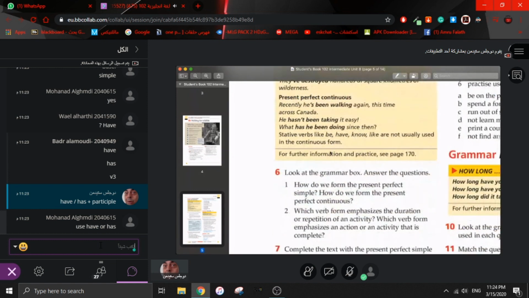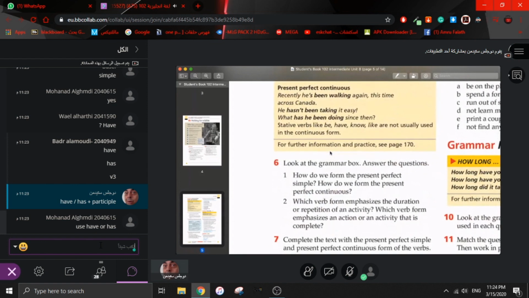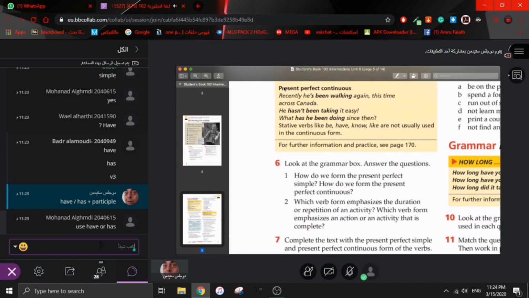Now we go down and take a look at the present perfect continuous. It's very similar, but it's also different and we use it for different things. First, look at the examples. Recently, he has been walking again, this time across Canada. He hasn't been taking it easy. What has he been doing since then?